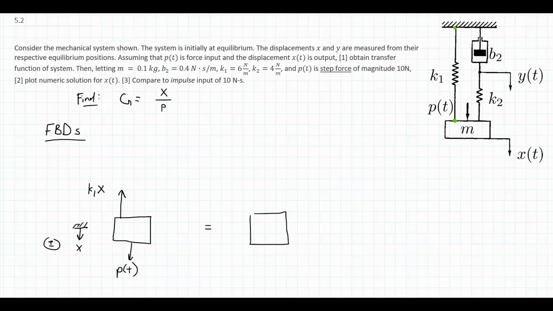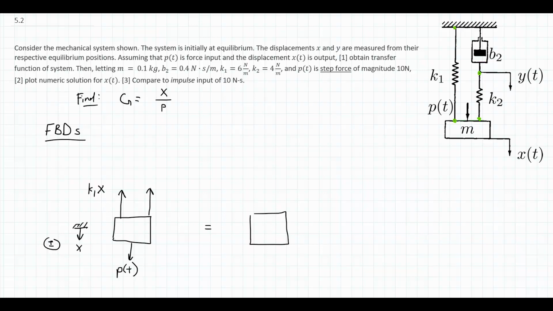Now I have to worry about spring K2. This is now more complicated because at the bottom it's attached to x, but at the top it's attached to y. Both the top and the bottom can translate. We've not seen that before. We did not see that in K1, but our thought process is going to be the same.